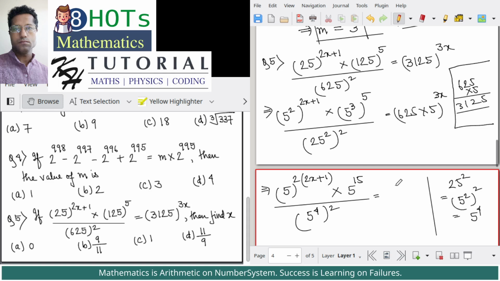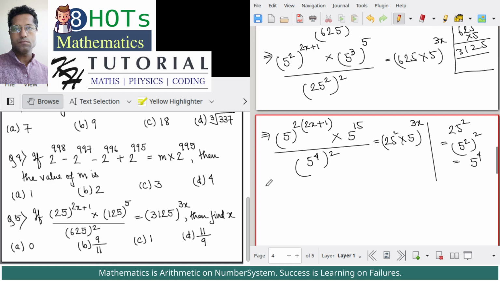The right hand side, we know 625 is 25 square. We have 25 square multiplied by 5 whole raised to the power 3x. So the idea is to convert both the LHS and RHS as a single exponential term with base 5.